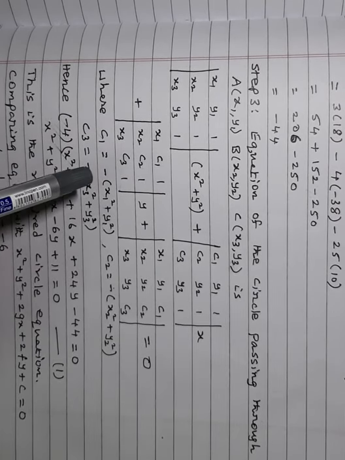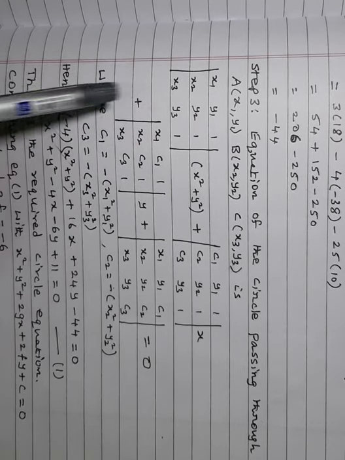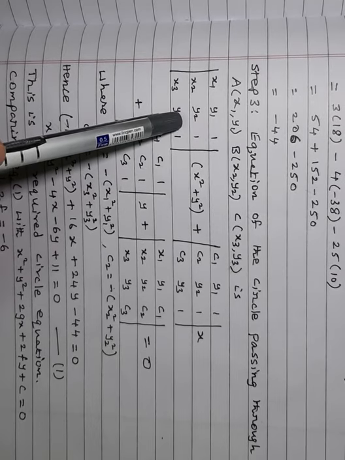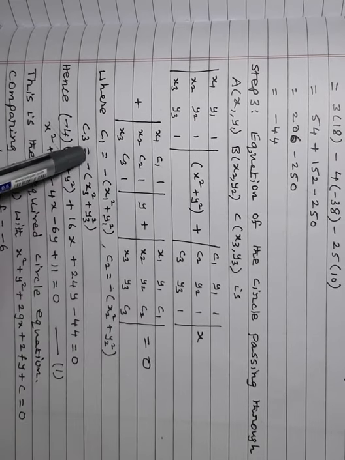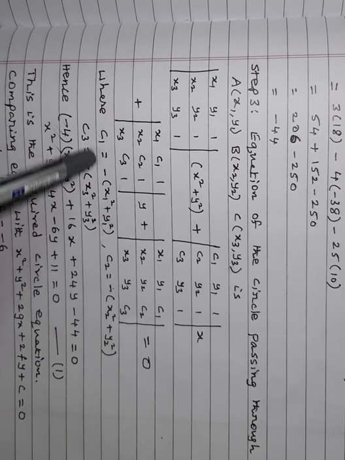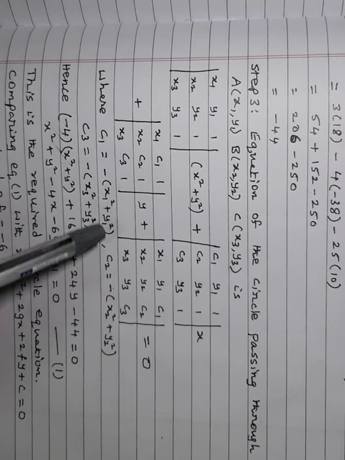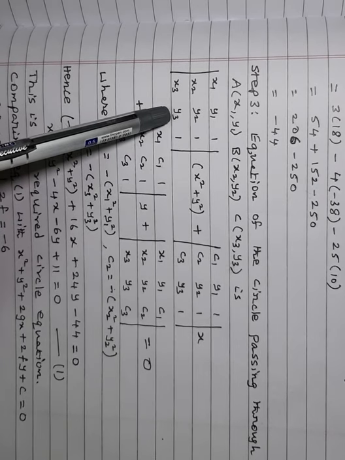This determinant here we have already found the value of, and we found the values of c1, c2, c3 also. We calculated all these values. So this determinant value is minus 4.